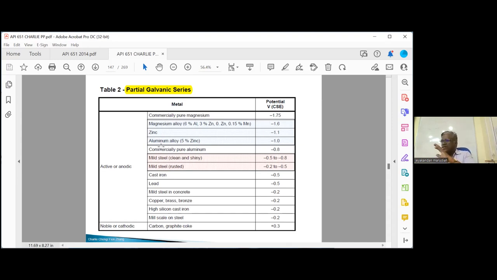Generally, aluminum is not used. The reason is aluminum has very close conductivity, it will not have much effect. So the preferred one is either zinc or magnesium. You need the voltage. If you see mild steel, carbon, here it is plus 0.3, they will have minus, magnesium will be 1.75.